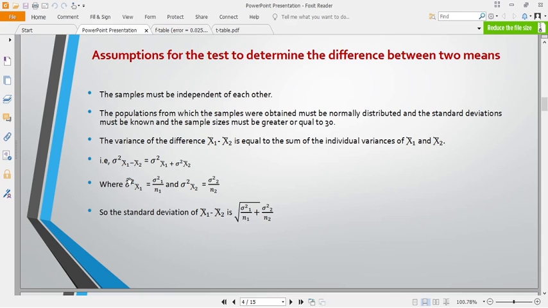The variance of the first sample mean is equal to the variance over the sample size, and the variance of the second sample mean is the variance over the sample size of that particular sample. Therefore, since standard deviation is the square root of the variance, the standard deviation will be the square root of this.